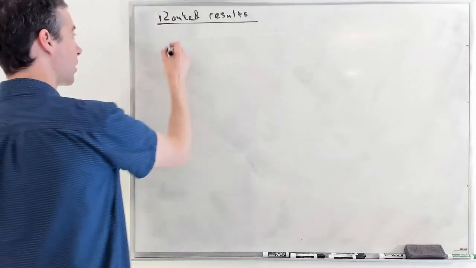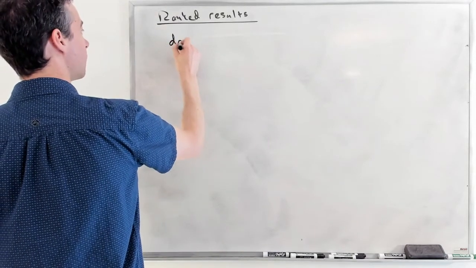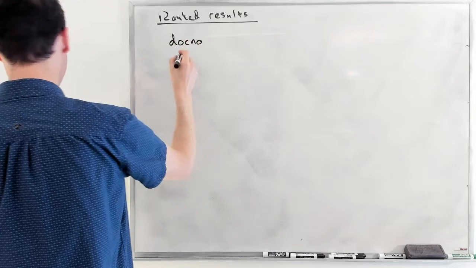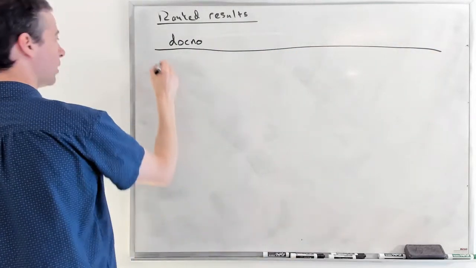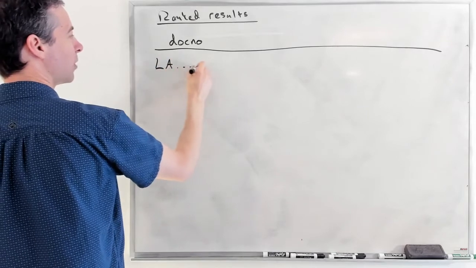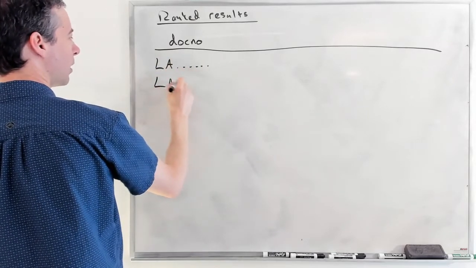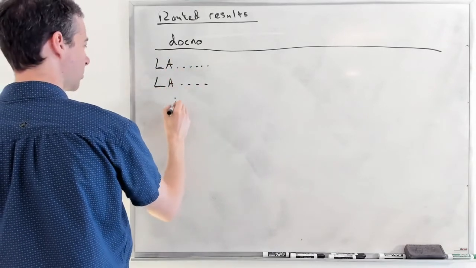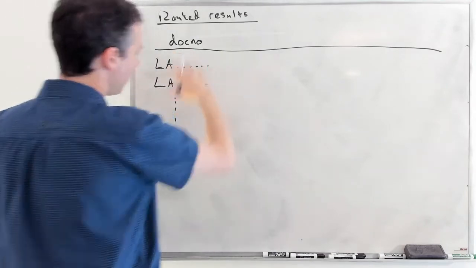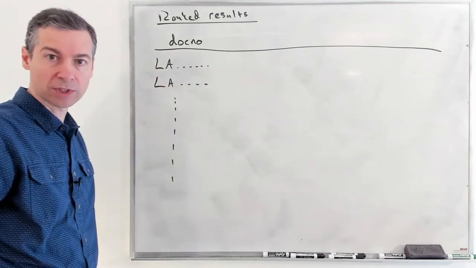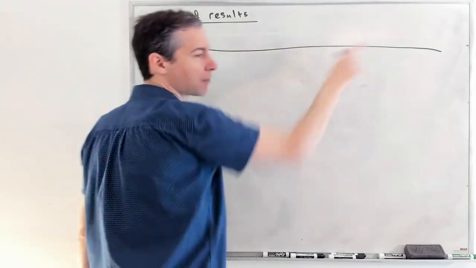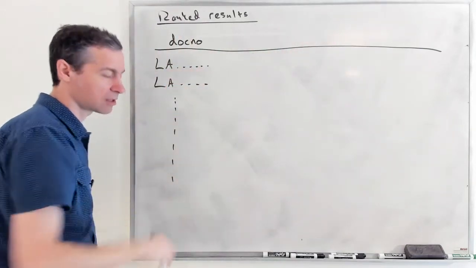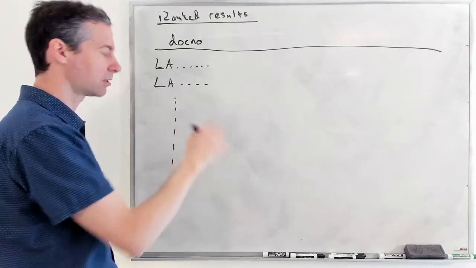So let's say, again, we've got ranked results, and you see you've got these doc nodes. In our case, we have LA something, blah, blah, blah, and then LA, blah, blah, blah. So these are all documents from the LA Times. This is what our results file looks like. Note, our results file does not have a header. It's just the doc nodes and some other columns.